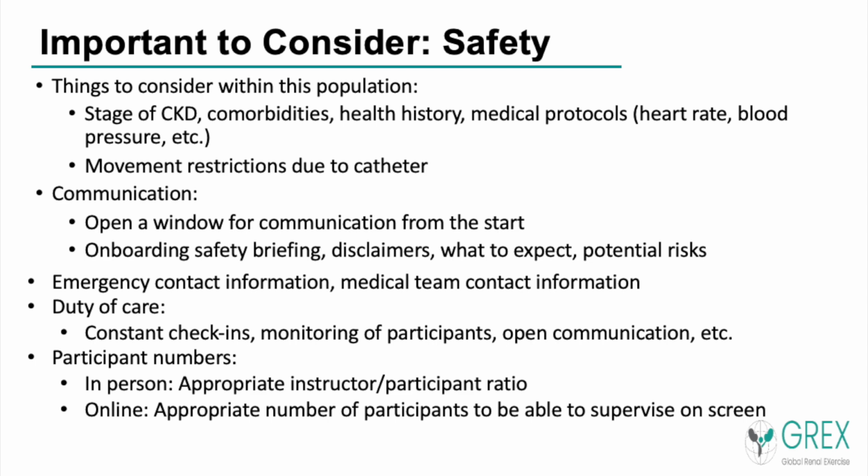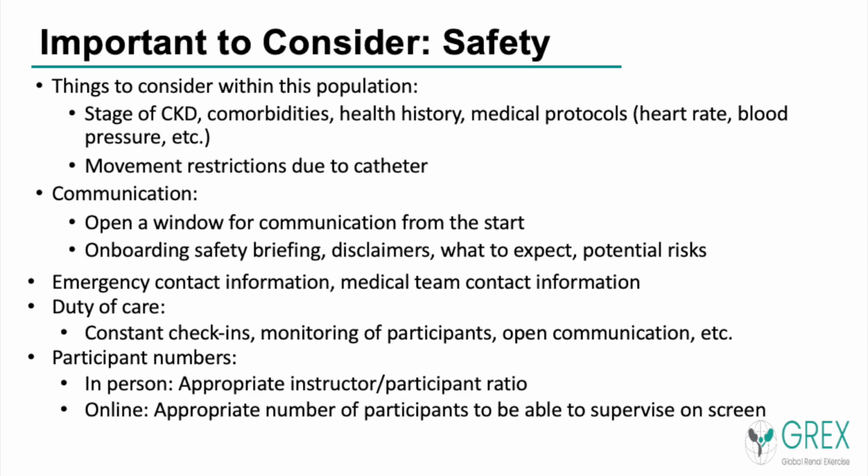And then the safety briefing document should be read by the participant, and the box needs to be checked as part of the sign-up. And this should include checking with the renal team that it's safe to exercise, information about safe and comfortable clothing, the setting that's safe for somebody to exercise in at home, and any hydration or medications that should be used.